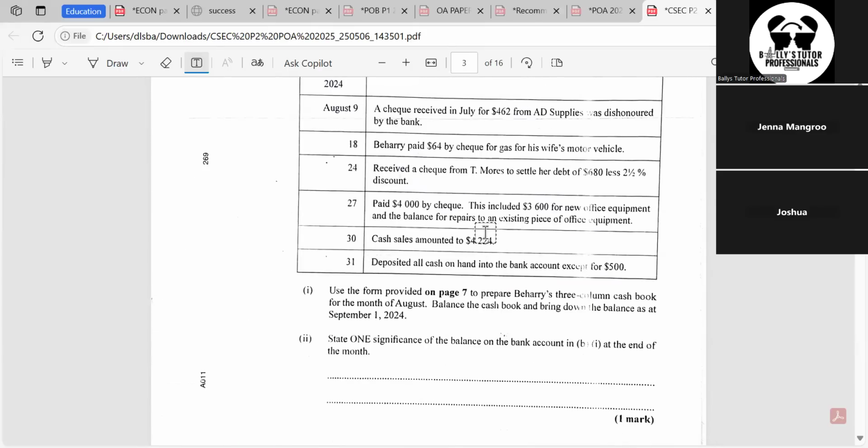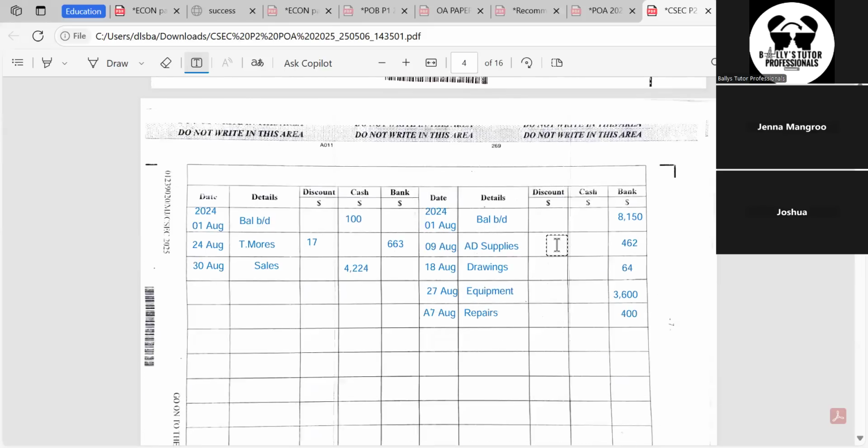Last one, deposited all cash in hand into the bank account except $500. So right now we have $4,324 in the cash column. We're transferring all of that except $500. So if you minus 500 from that, that is $3,834.